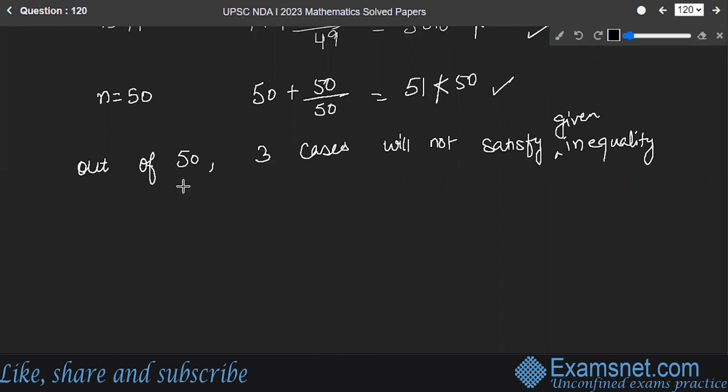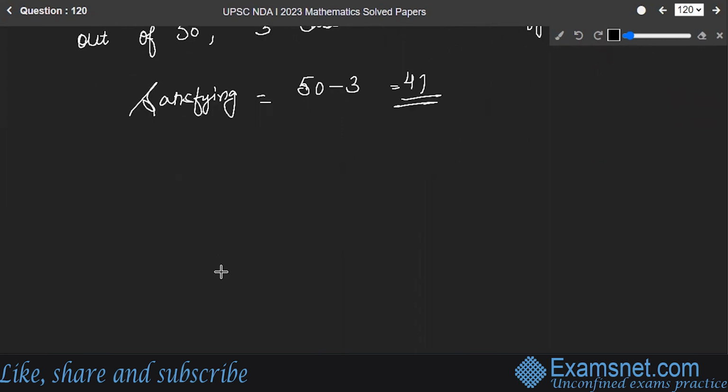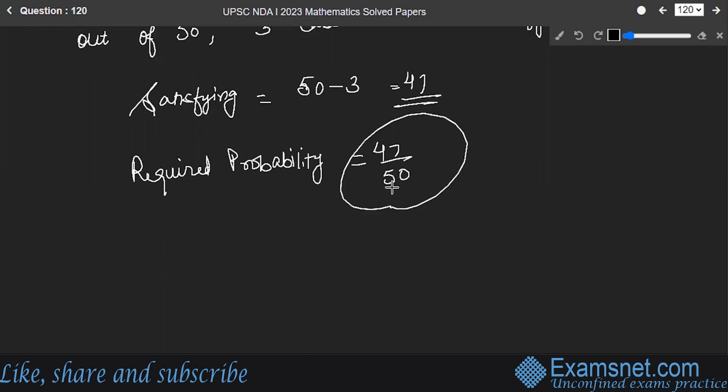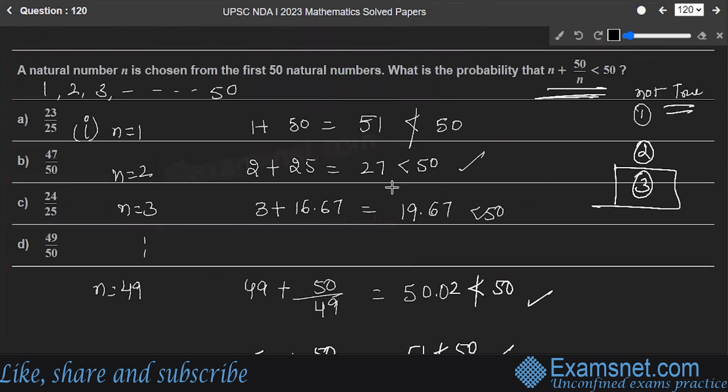So how many are satisfying? 50 minus 3, that is equal to 47. So the required probability is 47 upon 50. This is the answer to our question. Let's check. We have option B as the correct answer.